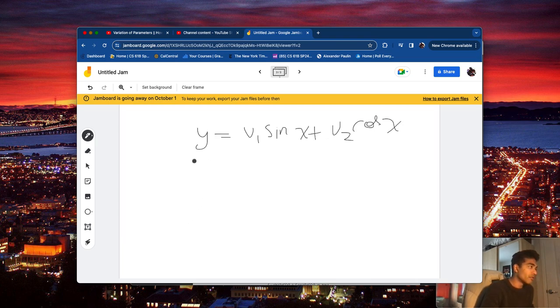All right, so then we're going to find y dash. What would y dash be? It would be u1 dash sine x, we use the product rule, plus u1 cos x, then u2 dash cos x minus u2 sine of x.